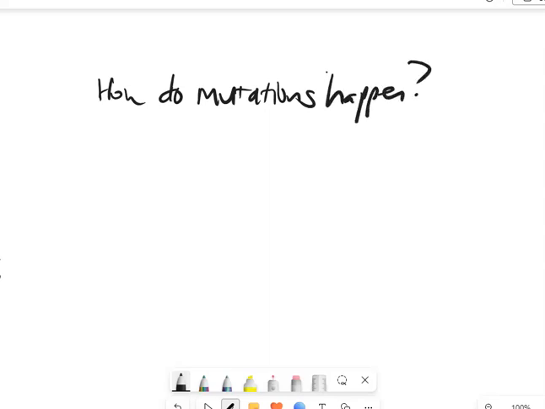Another question we could ask is, how do mutations happen? The thing we thought about was a cell that has its DNA and copies its DNA. When it makes a new copy of the DNA, sometimes it makes a mutation.